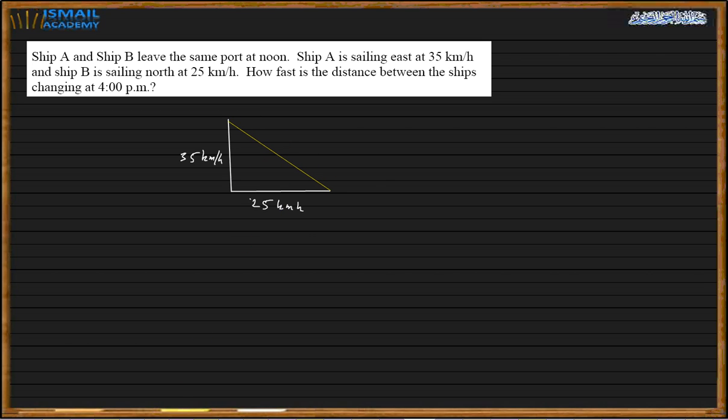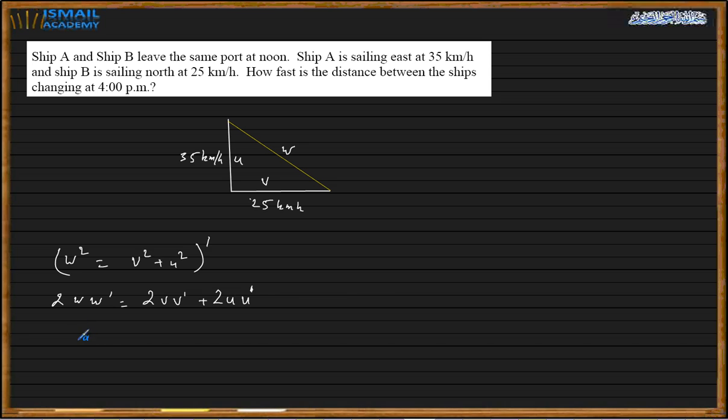As you see here, you can use the Pythagorean theorem. This is my u, this is my v, and this is my w. So I know that w squared equals v squared plus u squared. If I take the derivative, I will have 2w w prime equal to 2v v prime plus 2u u prime.